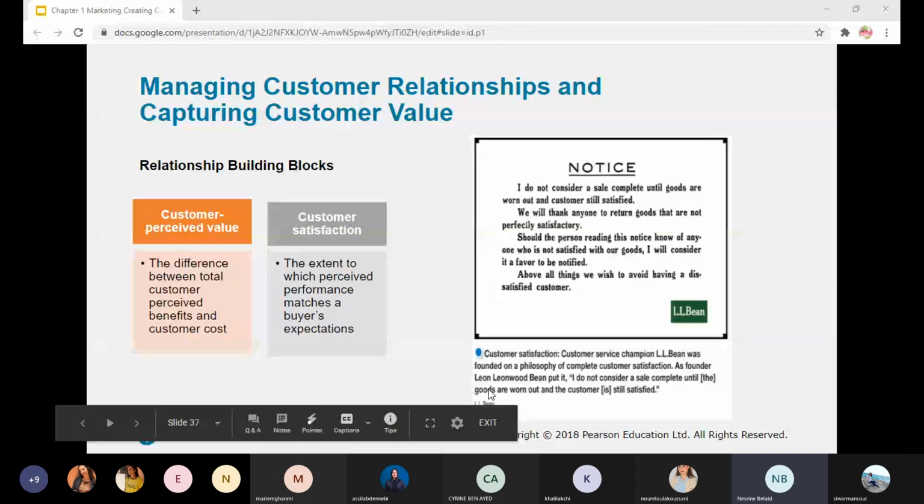And after that, I deliver more than what I promised, so the customer will be delighted. Okay? So a delighted customer not only makes repeat purchases, but also becomes a willing marketing partner and customer evangelist who spreads the word about their good experiences to others.